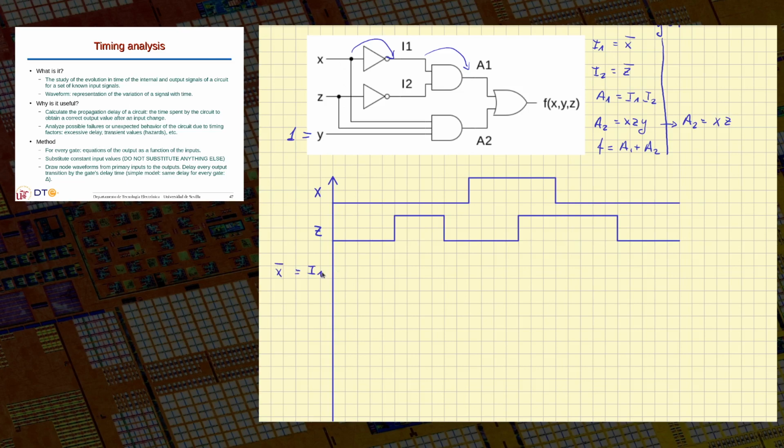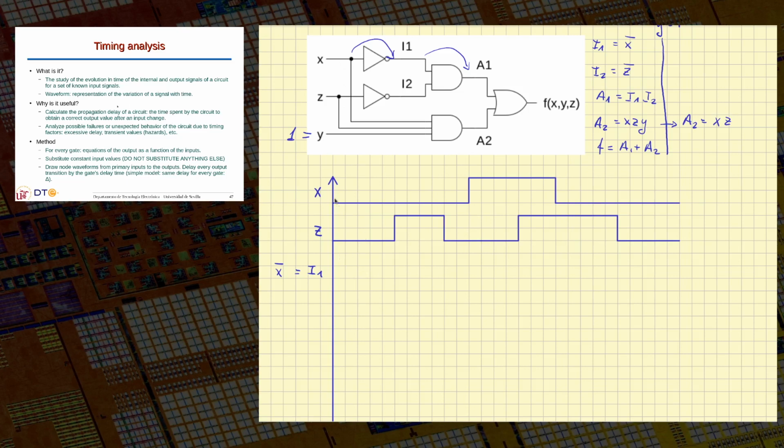So basically I1 will be the opposite value to X, but the point is that the value will be reached sometime after X changes, which is the delay. That's why we have the delay. I'll take the delay as one of the small squares in my paper.